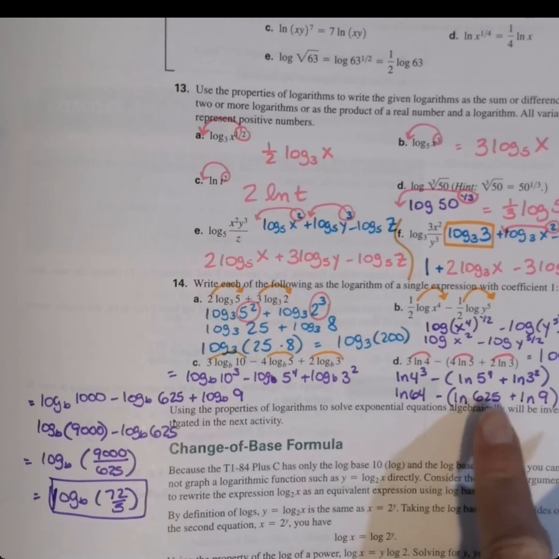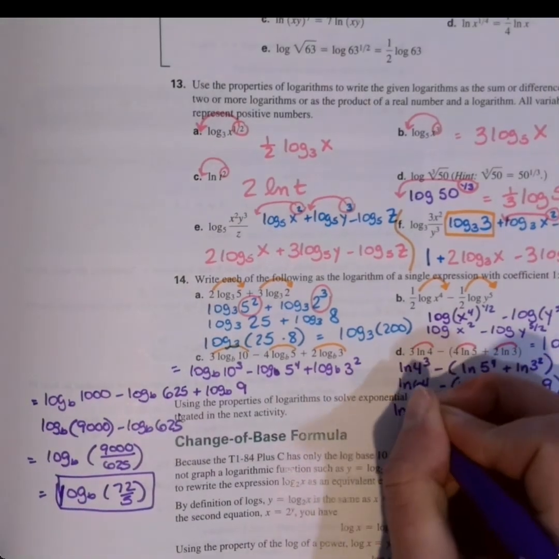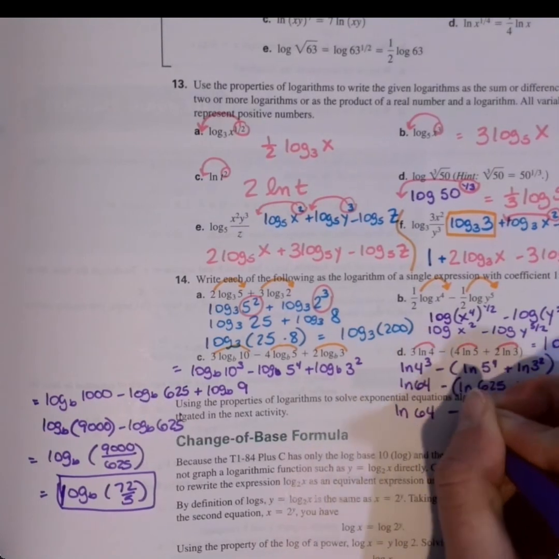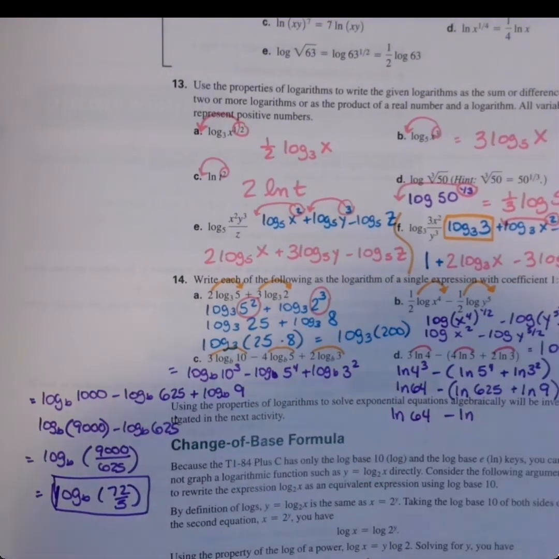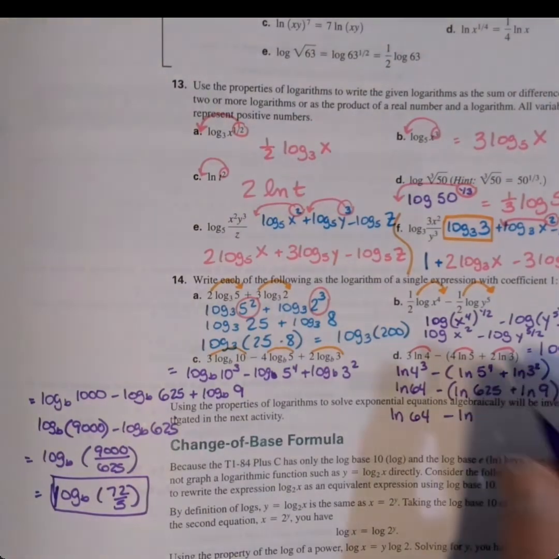This time, these two are going to combine in the parentheses there. So natural log of 64 minus natural log, I'm going to have to multiply those together. So I'll have 625 times 9 is 5,625.